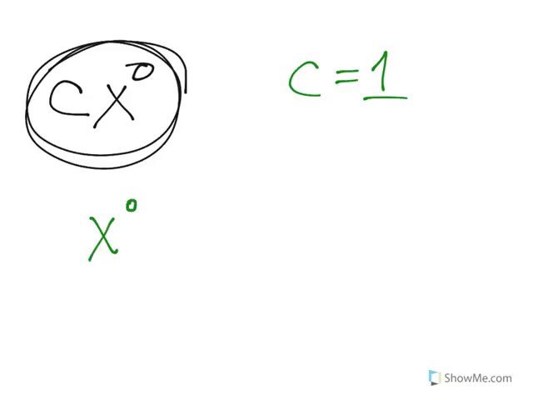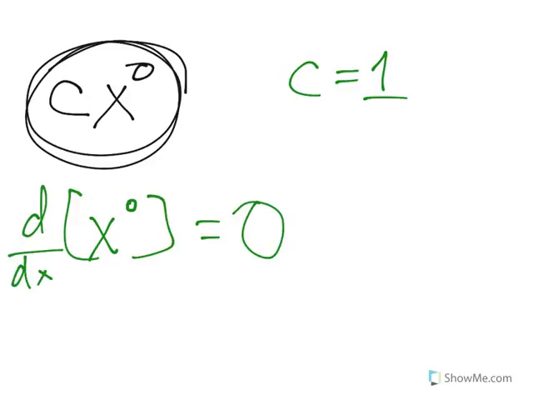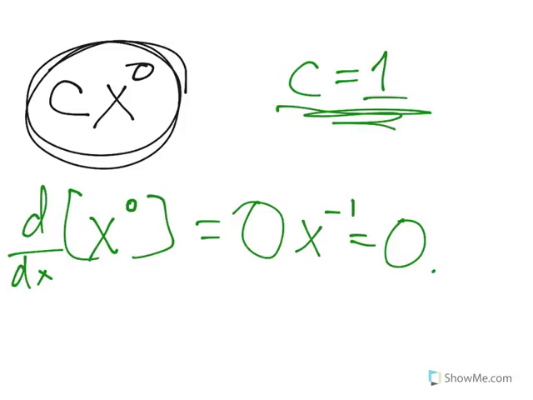If we have x to the 0, what is the derivative of that? Well, that is just 0 times x to the negative 1, which is just equal to 0. So here we just proved that for c equal to 1, based on our rules, the derivative of that is just 0.